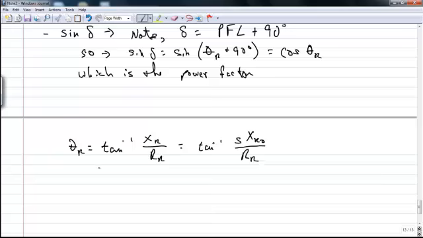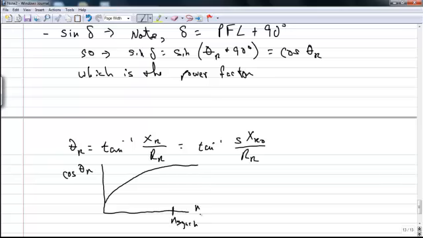So if we plot the cosine of theta r, which is the same as the sine of delta, in terms of speed, it's going to look like this. Somewhere out here is the synchronous speed, and this axis is speed.